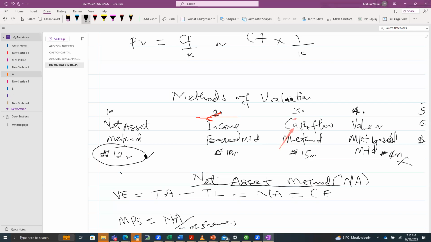So the net asset method result should be the lowest amount you advise. When you see an examiner asking in an exam question that you advise the company on the range of value to be accepted, or the minimum value they should accept, under business valuation, it is the net asset method result. Are we clear?